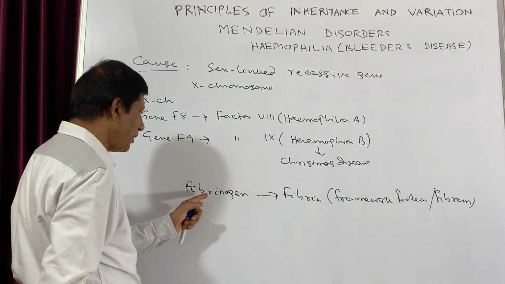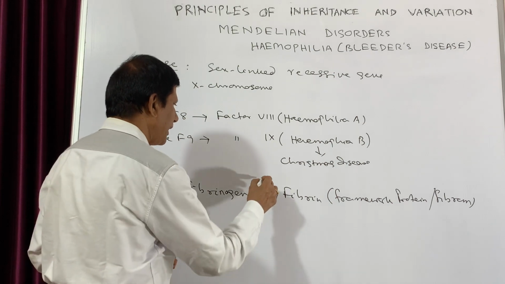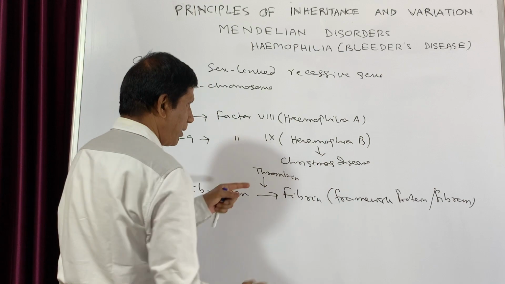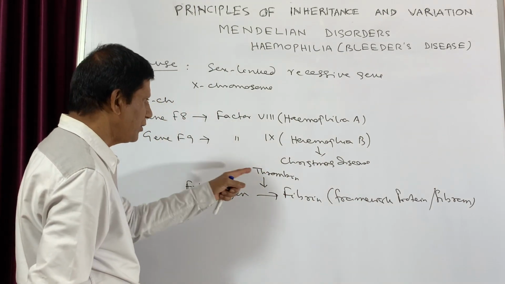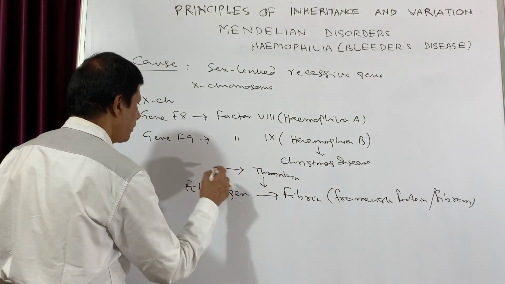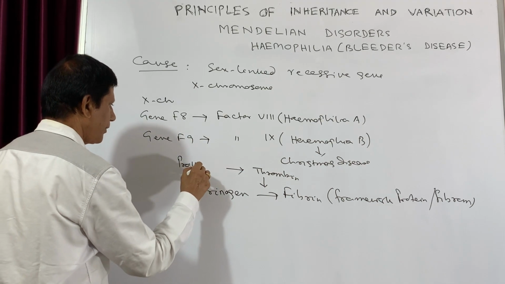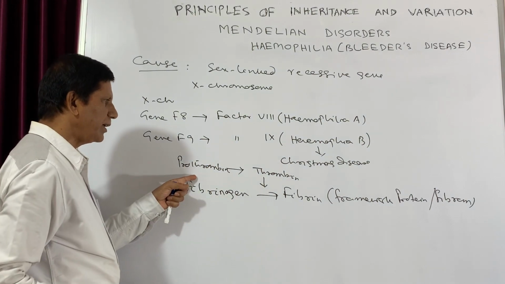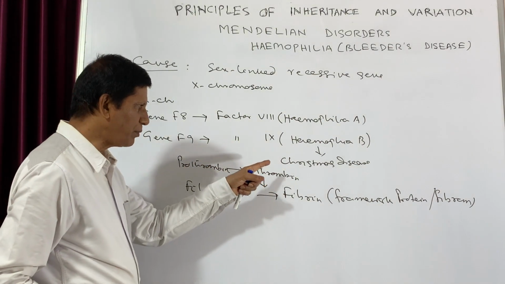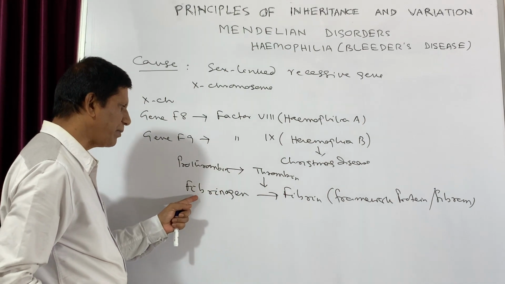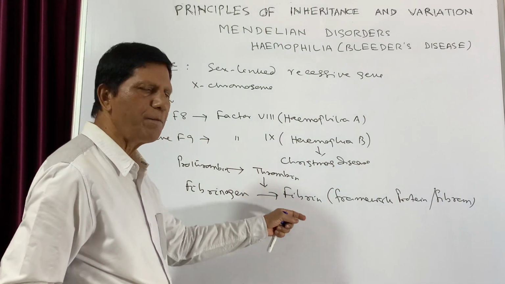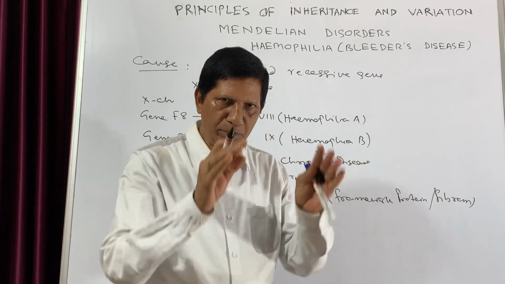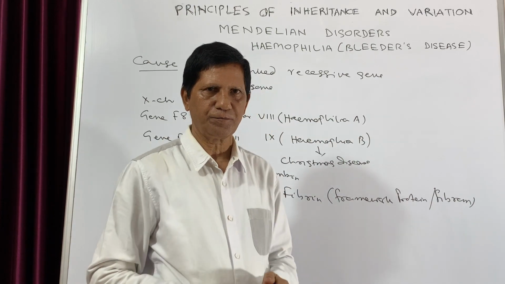But for the conversion of fibrinogen to fibrin, it requires thrombin. So where will this thrombin come from? Thrombin is synthesized from prothrombin. When prothrombin is converted to thrombin, the thrombin converts the fibrinogen to fibrin, and this fibrin is a fibrous protein which is the main framework to clot the blood.